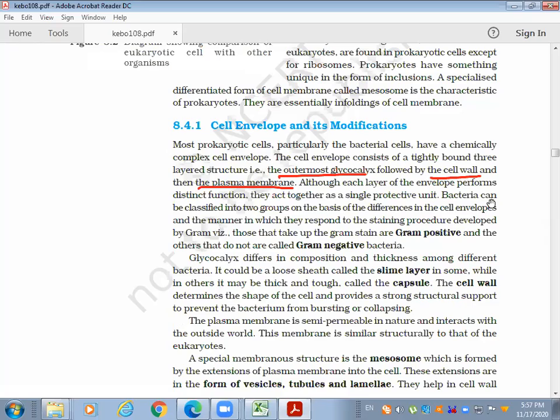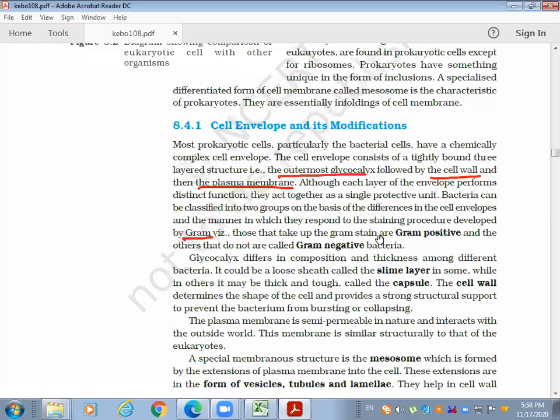Bacteria can be classified into two groups on the basis of the differences in the cell envelopes and the manner in which they respond to the staining procedure developed by Gram.